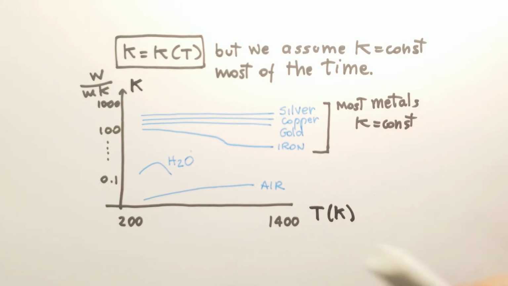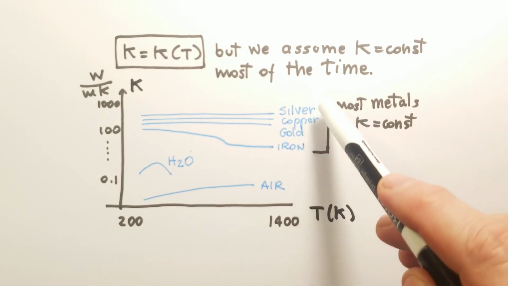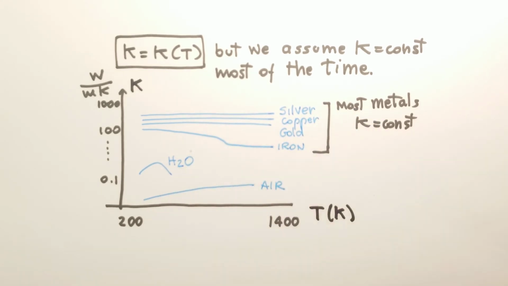For example, for 4 metals: silver, copper, gold, and iron. Especially for silver, copper, and gold, we can see that the thermal conductivity does not depend on the temperature very much in this range. Iron depends a little bit more. Then we have the dependence of K on the temperature in the case of water and air.